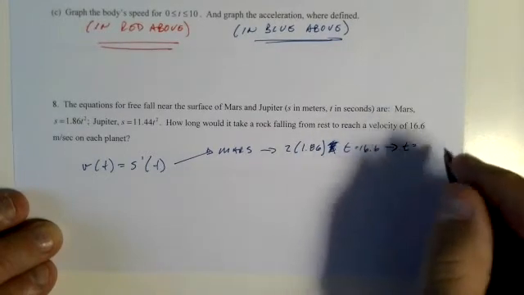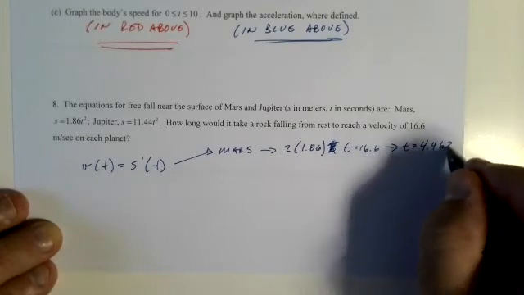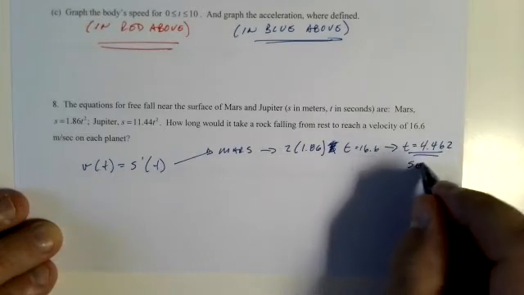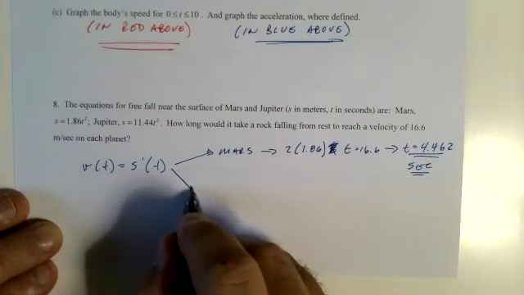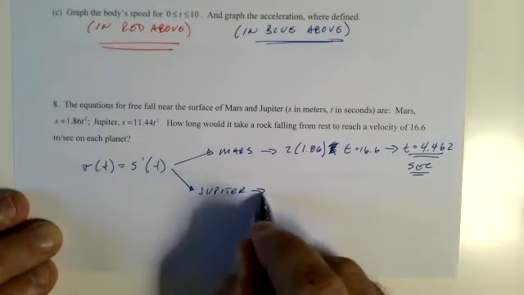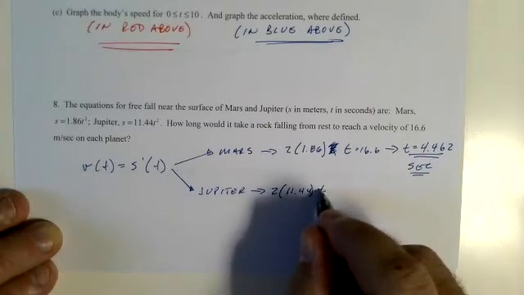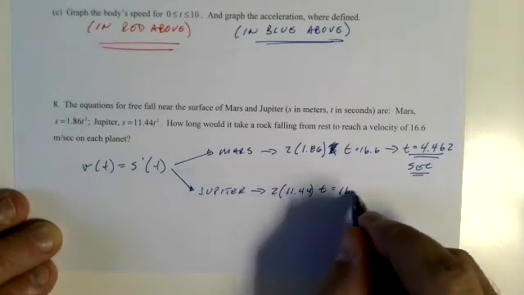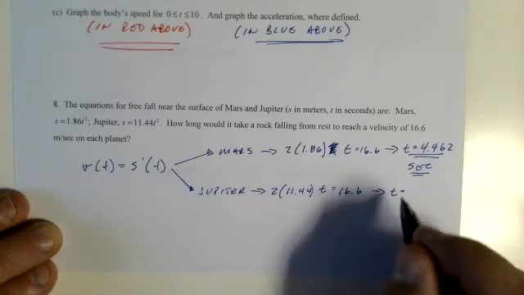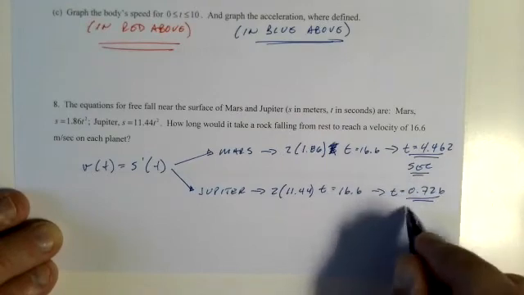T equals 4.462 seconds. Jupiter, 2 times 11.44, t equals 0.726 seconds.